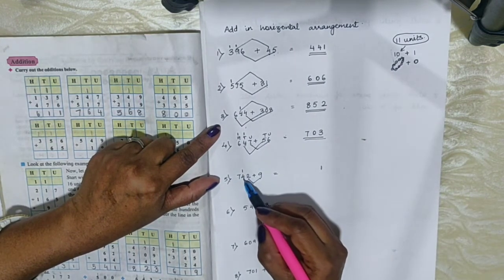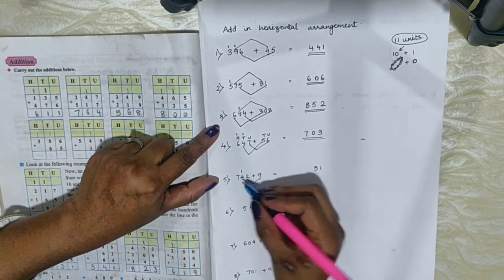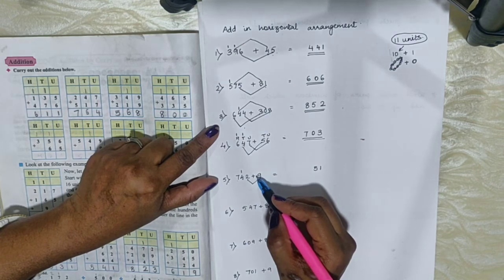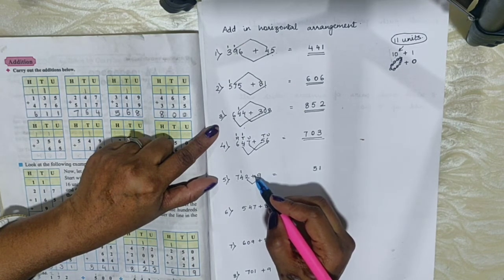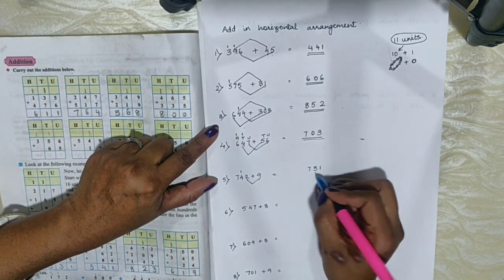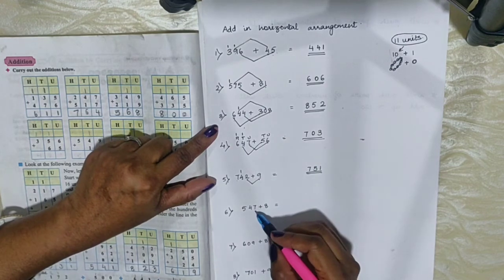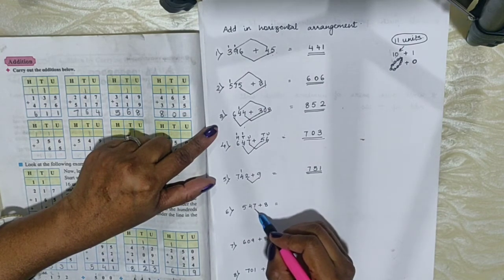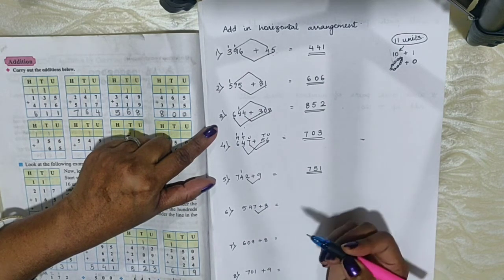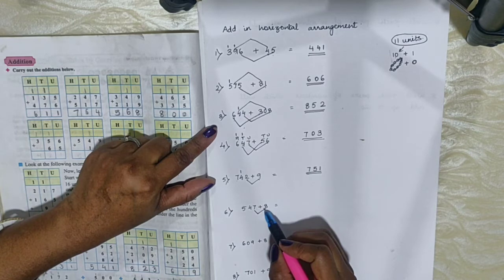So, 1 plus 4 is 5, and 7, because there is no digit at tens place and hundreds place. So, you will write directly 751.